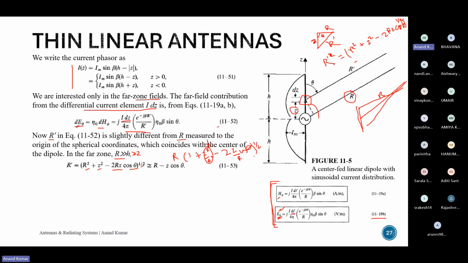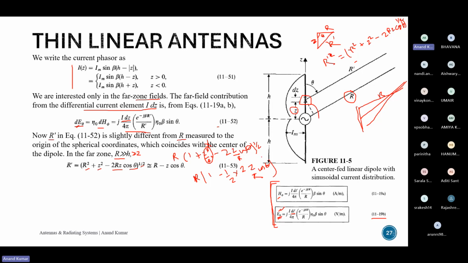So we can ignore this, and by using binomial expansion, we end up with something like this: R times 1 minus half into this term 2z by R cos theta.